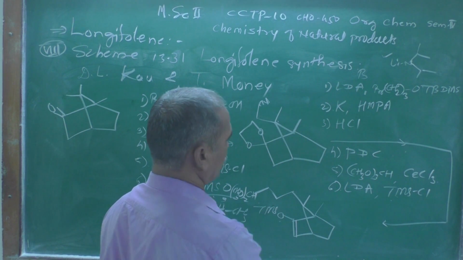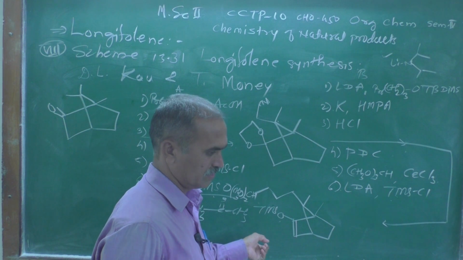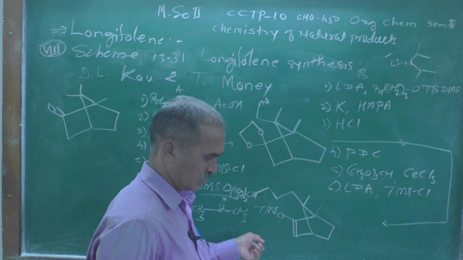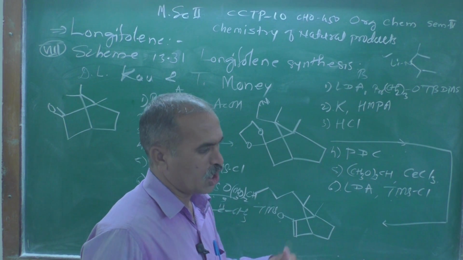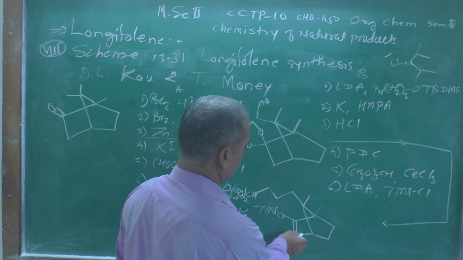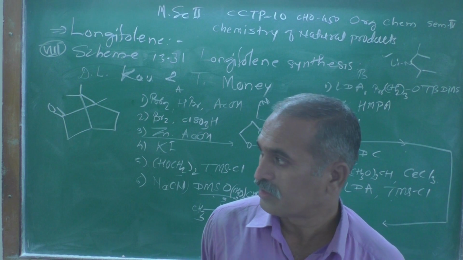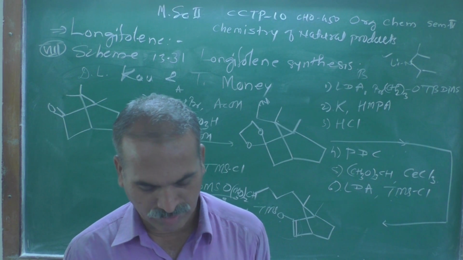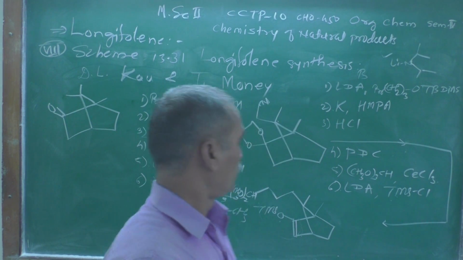This is a protected silyl ether, a silyl enol ether. This silyl enol ether is formed over there. That is, it will protect the enol over here.